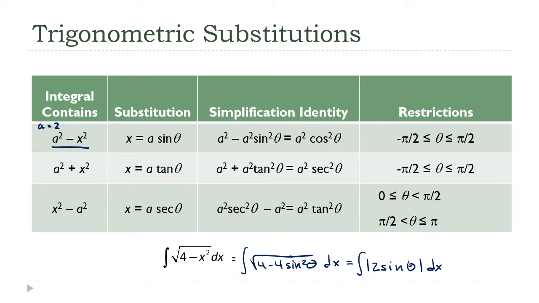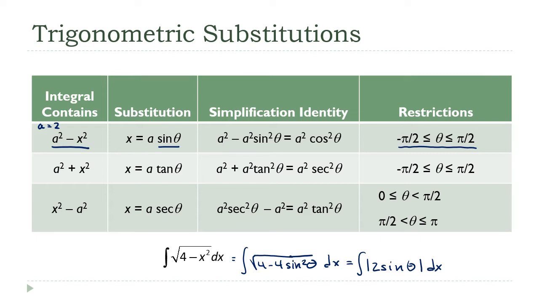With the first substitution, if we limit theta to being between negative pi over 2 and positive pi over 2, then we're going to get every possible value of the sine of theta over here. And the cosine, more important, the cosine with that restriction is always going to be positive.